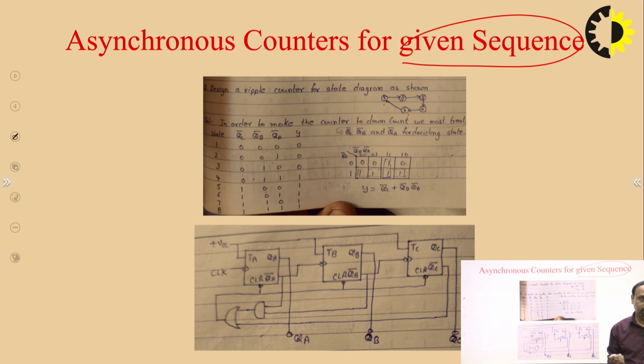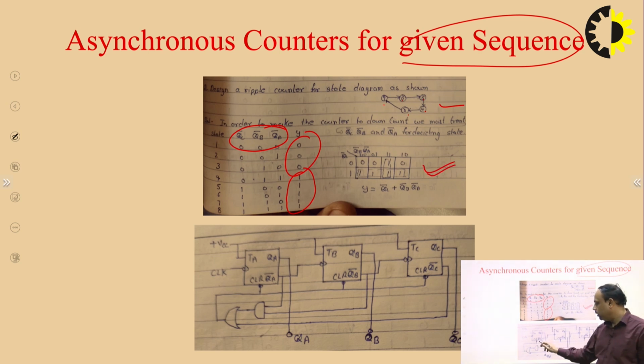For this kind of design, again we use the same method, in which we take the count of the flip flops, write down all the states, and put 1 for each valid state which is required and 0 for invalid states, which are 0, 1, 2 and 3 over here. Again make the K map, and with the help of this K map provide one signal to the clear input for those states which are not required, that is 0, 1, 2 and 3.